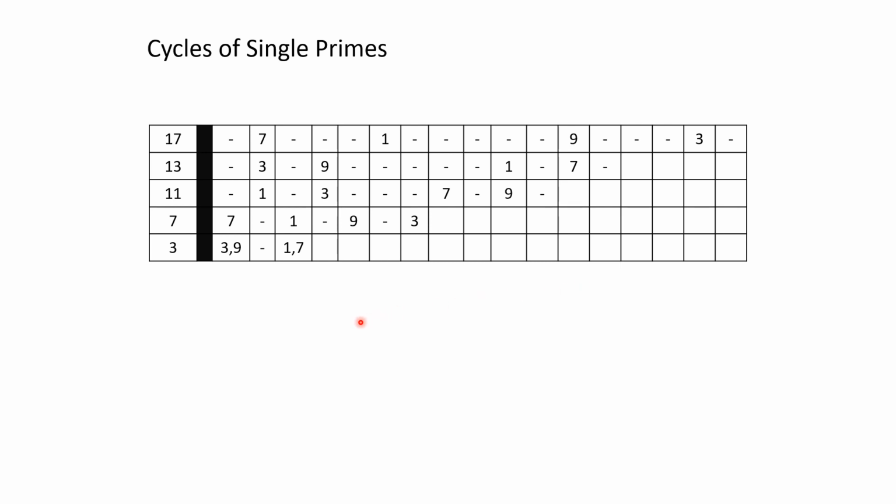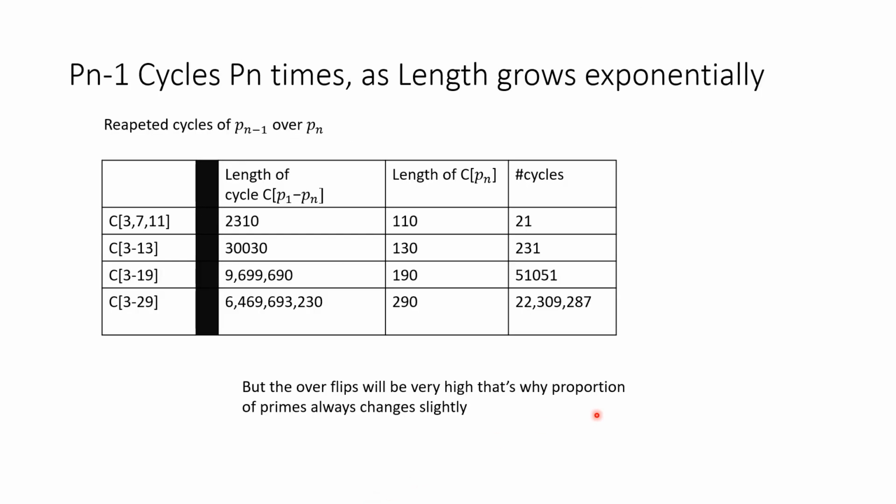So you see here the cycles of single primes. As we go up, we're going to have more prime terms. It's the prime number minus 4. As we go to infinity, we are approaching an ideally full of prime times cycle. So this is the length of the cycle, okay?